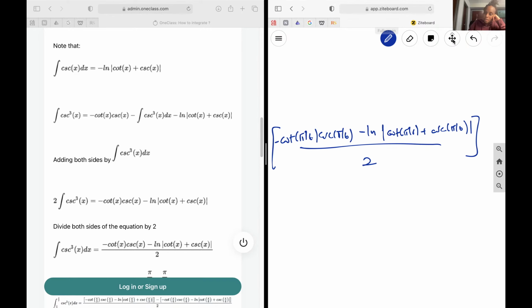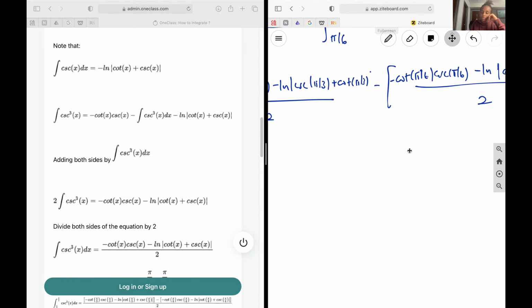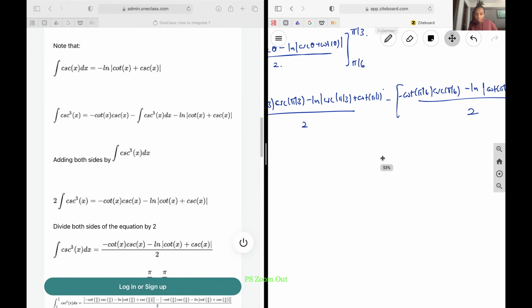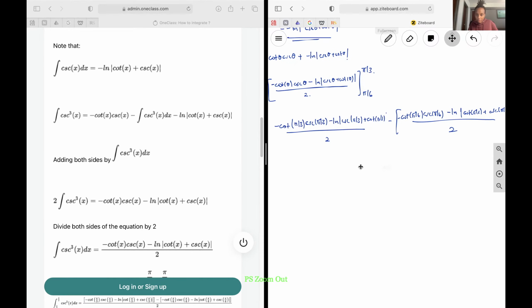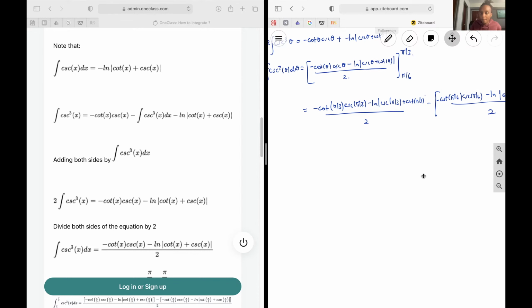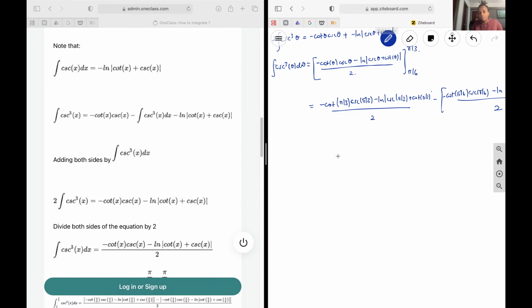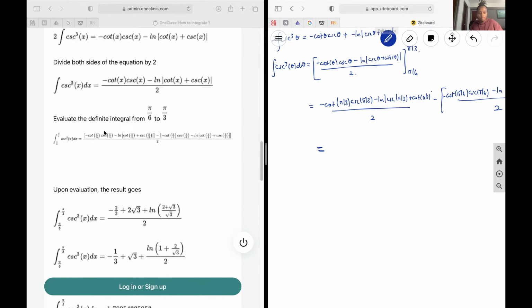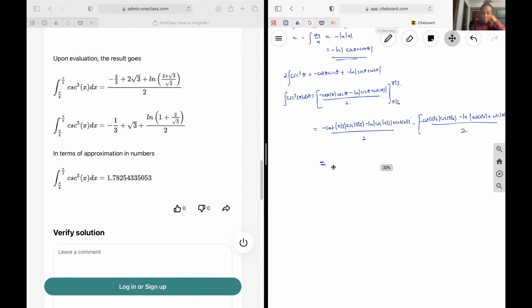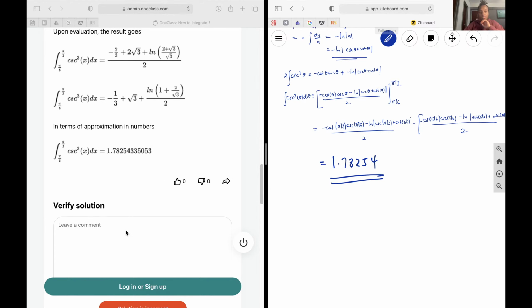And so when you put that all into your calculator, you should get a final answer here. Let's just zoom out so you can see everything a little bit better. Okay, and so you'll get a final answer of 1.78254. And so depending on the number of significant figures that you've been asked for, you'll cut it off where it needs to be cut off. And that's going to be it for this question.